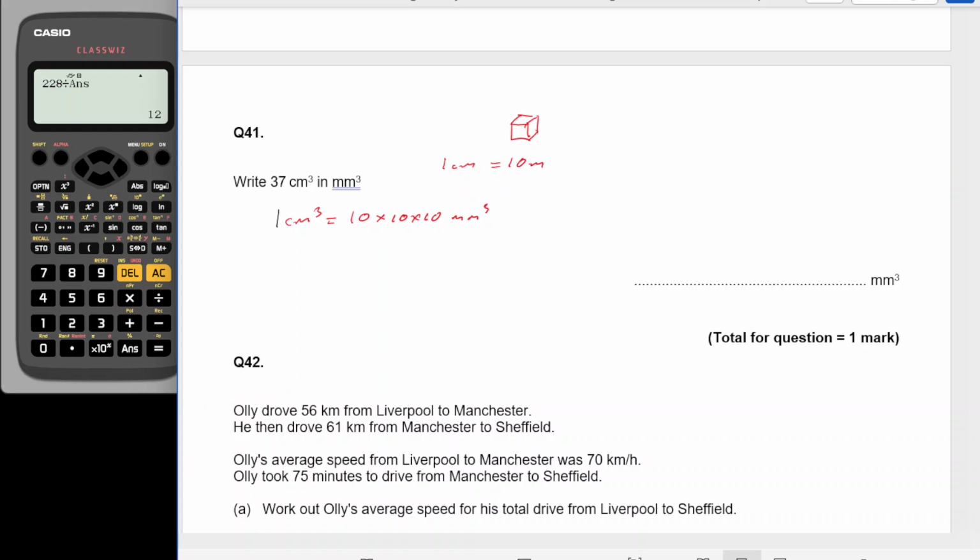So the volume becomes that. So 1 centimeter cubed is going to be equal to 1000 millimeters cubed. So 37 centimeters cubed is going to be equal to 37,000 millimeters cubed.